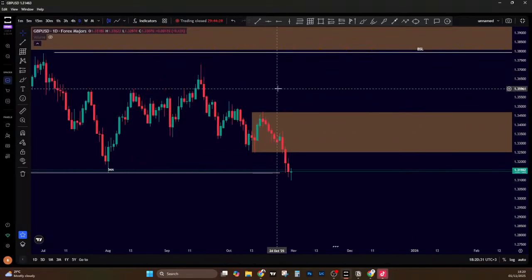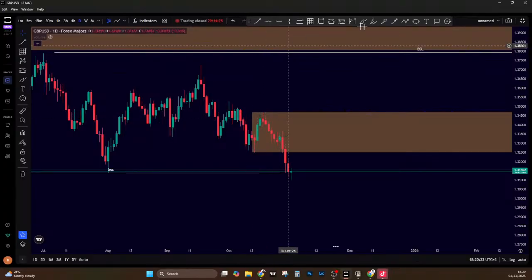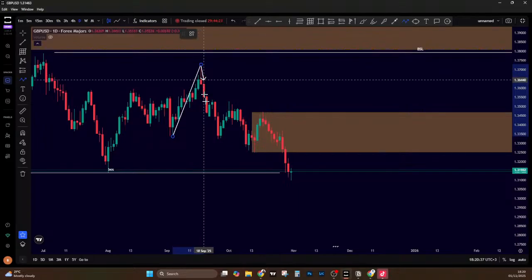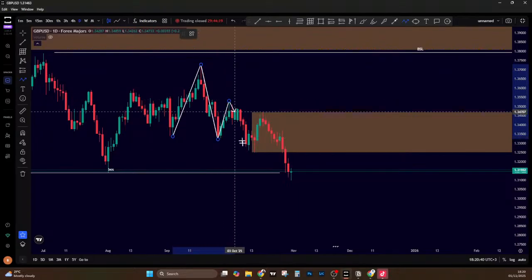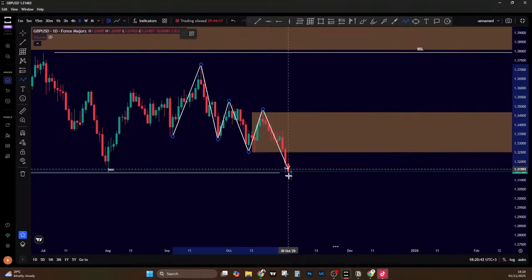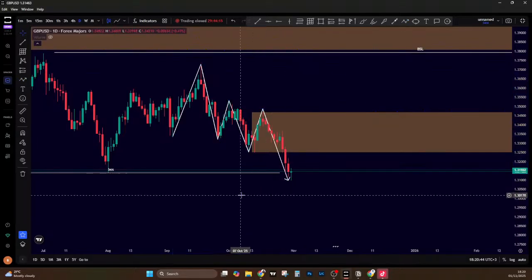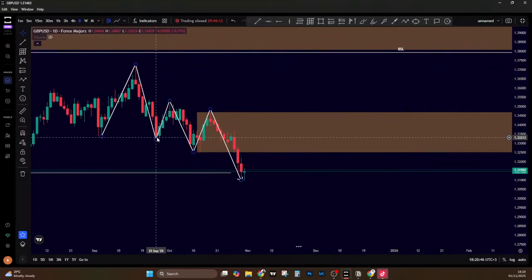Now look at this. The market has broken structure severally. We had this, and then we had this. So this is a confirmation that we are bearish.